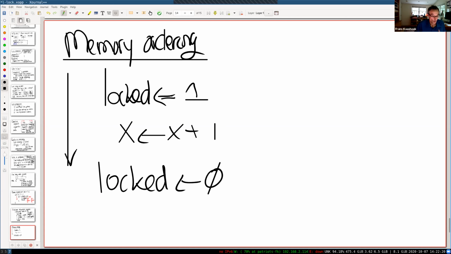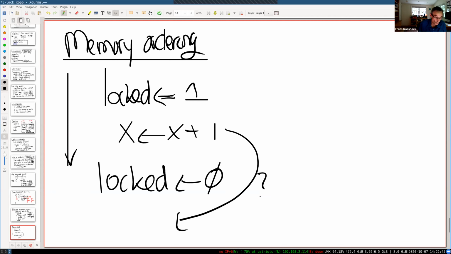Now, if the code were just purely sequential, the compiler or the processor could actually reorder instructions just to get better performance. So, for example, if it were a sequential stream, would it be okay to move this instruction to afterwards?